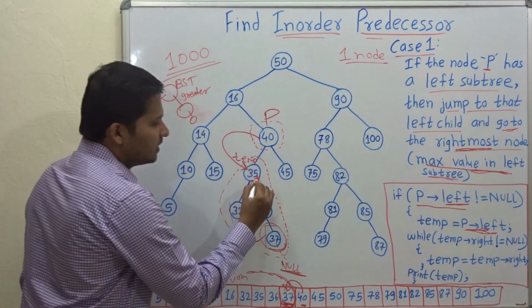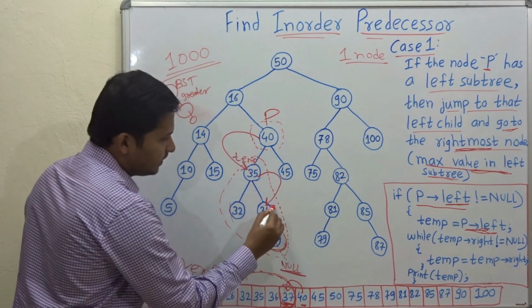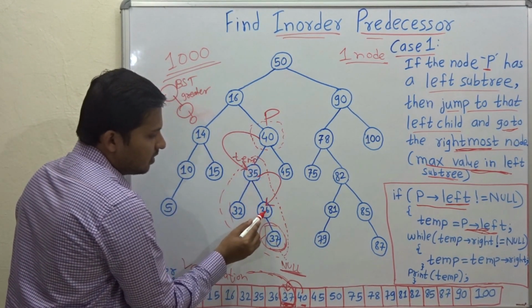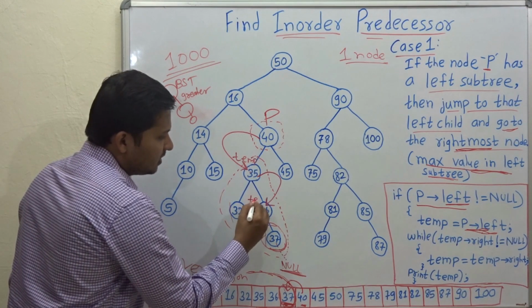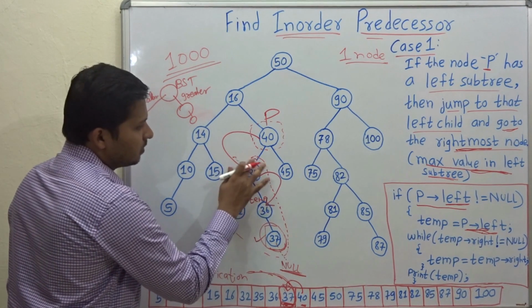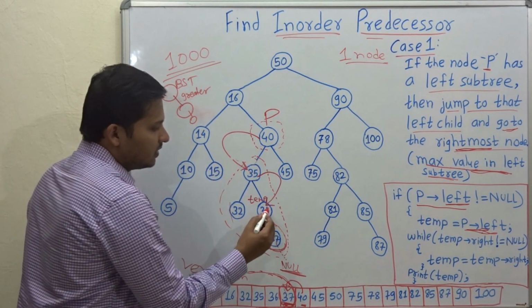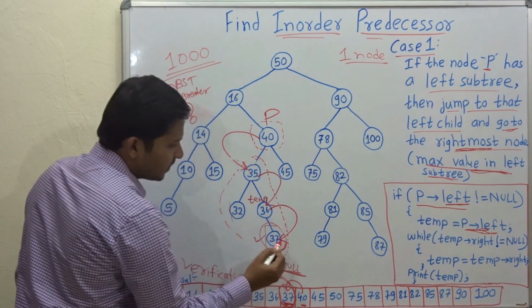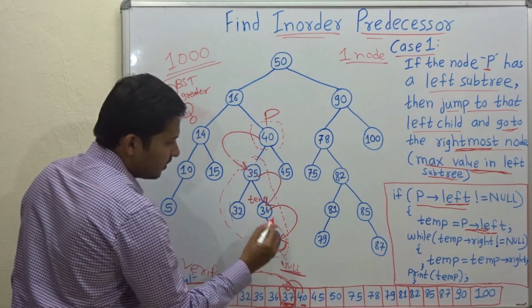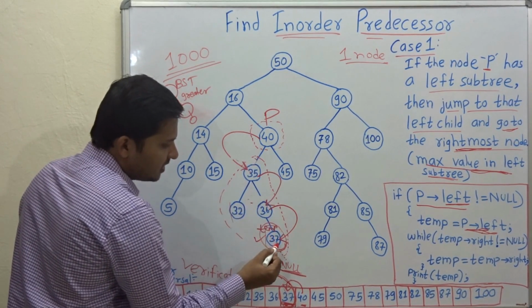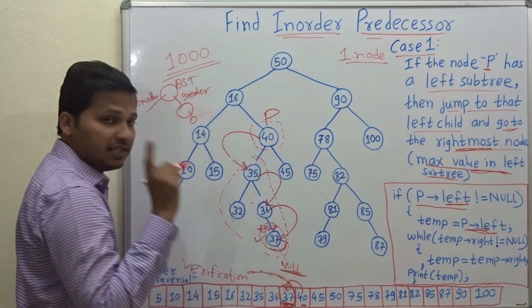So let's go. See, we went to the right. Now temp points here. Now temp points right is null? No, it is not null. So we again go to the right. So temp now points here. Okay, now temp points right is null? Yes, it is null.